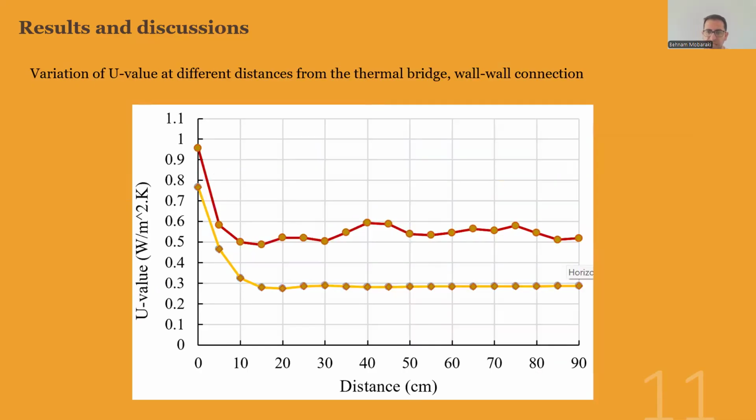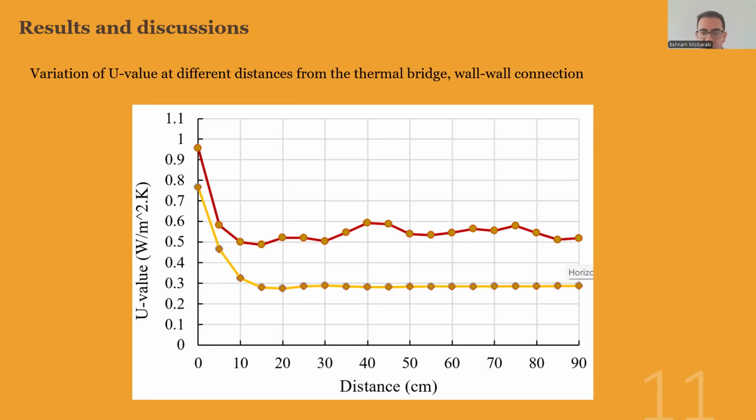And finally, this graph is a summary of all the results obtained in the finite element analysis. We can see how the U value, or transmittance parameter, decreases rapidly near the junction, or better to say at the thermal breach zone, and then stabilizes as the distance increases.